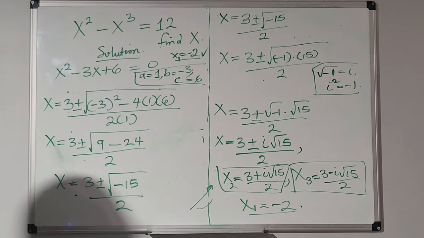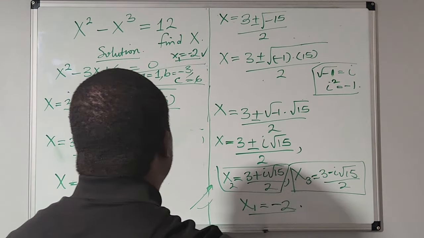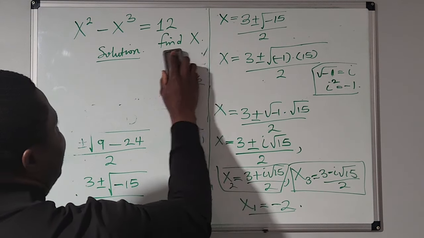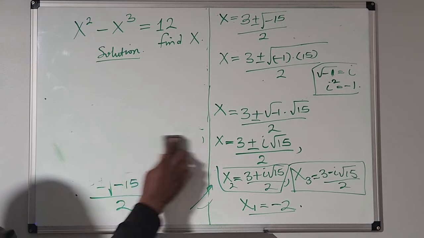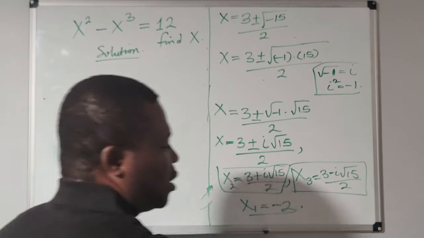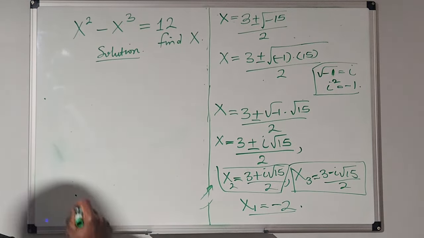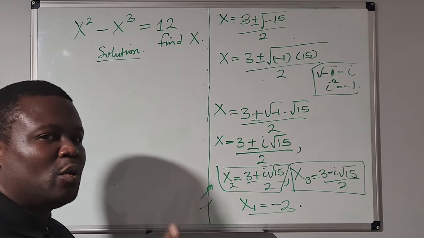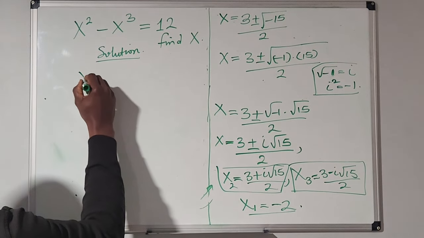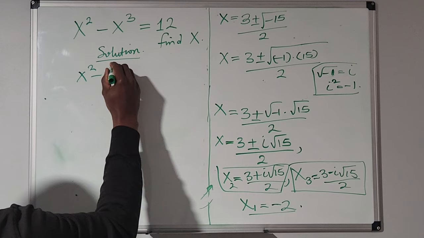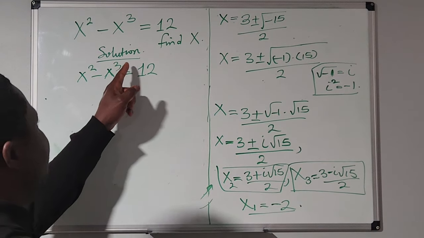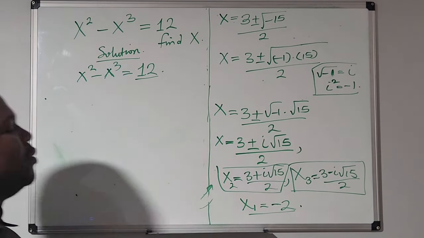Okay? Now, we want to check to see if our value for x, especially x equals minus 2, is correct. So what we do is plug the value minus 2 into the equation, to see if we get this number, 12.